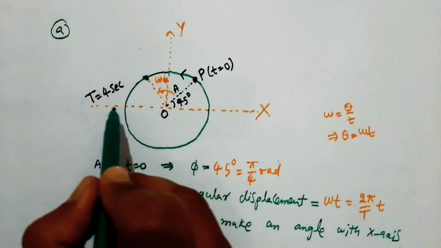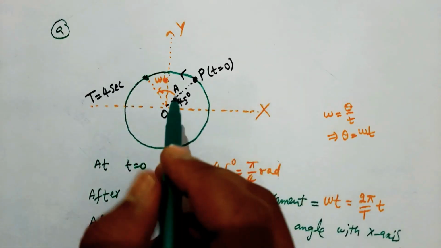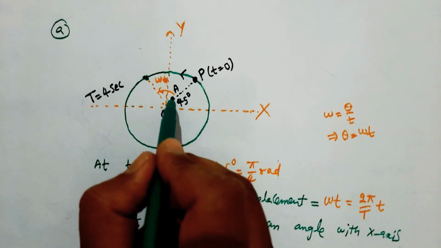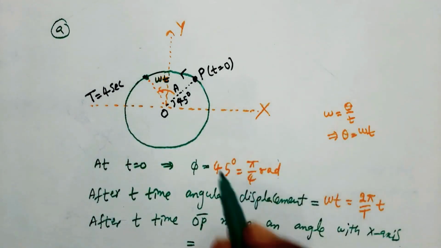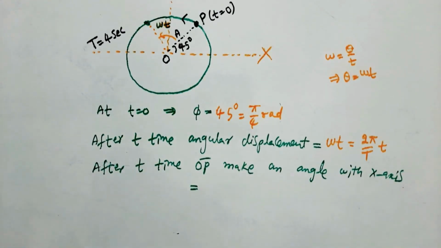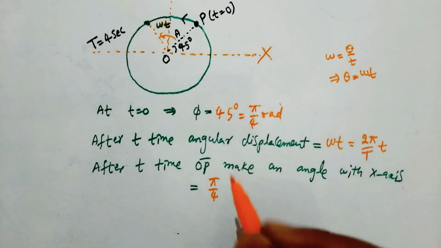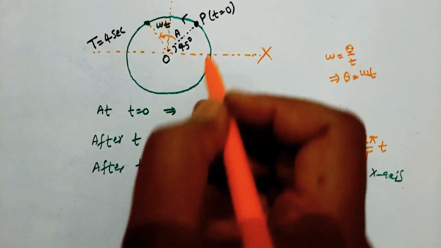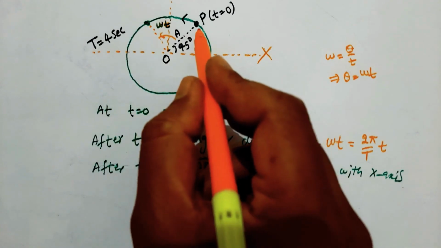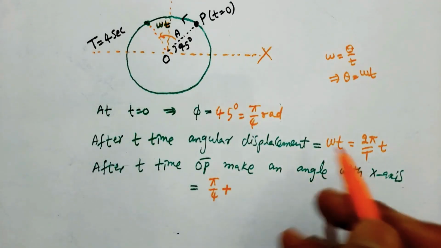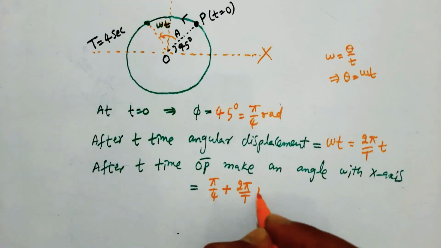So what is the angle it makes with the x-axis? Here to here it is 45, here to here it is omega t. So how much is it? 45 plus omega t, so pi by 4 plus omega t. Here I am taking plus because the particle moves in anti-clockwise direction. So omega t is equal to 2 pi by T into t.